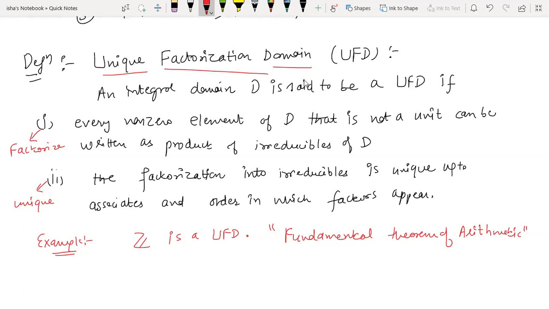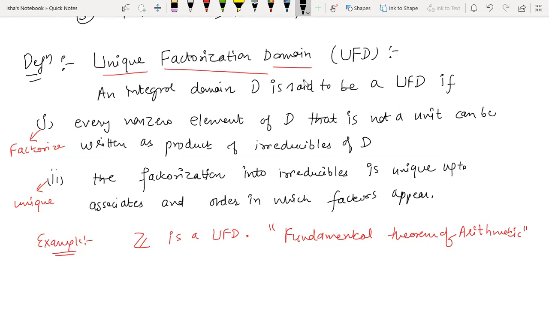Have you read this so far in any of your courses? Okay, the fundamental theorem of arithmetic tells you that every integer can be written as the product of primes.